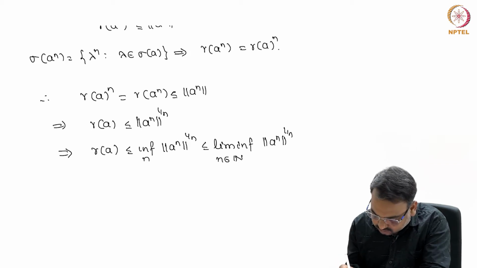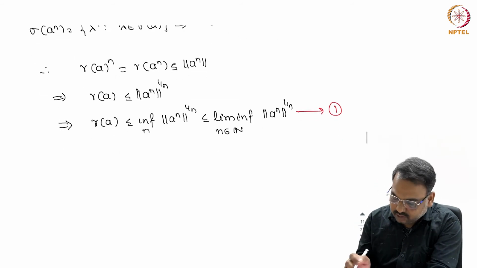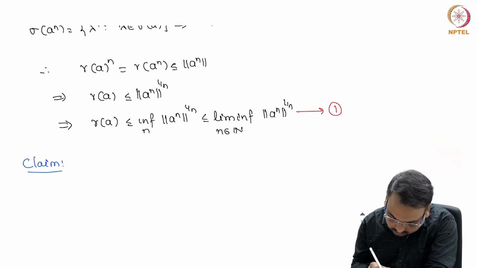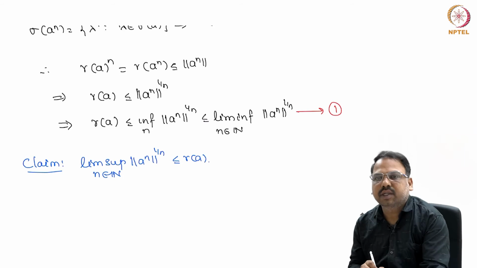Let us call this inequality 1. We want to claim that, so we want to show, lim sup of norm A power n whole power 1 by n is less than or equal to the spectral radius of A.